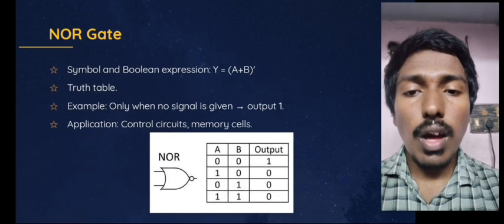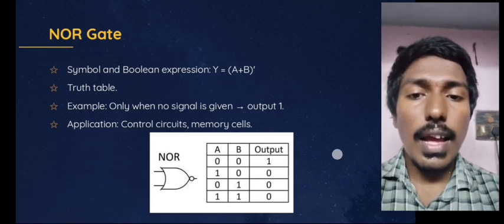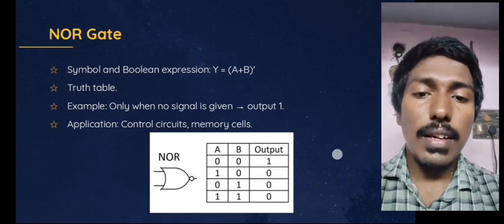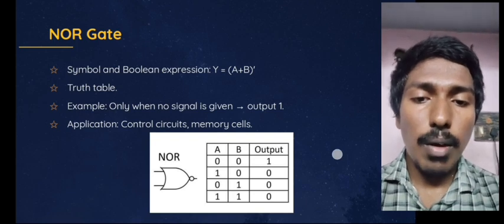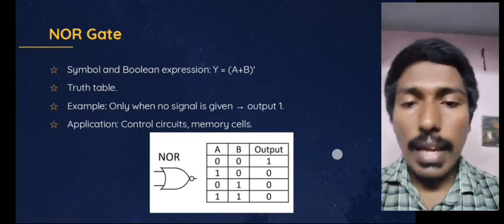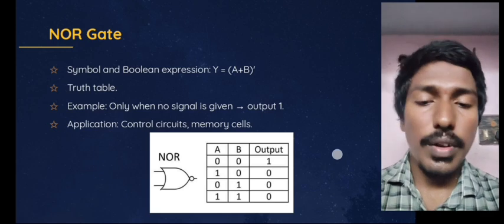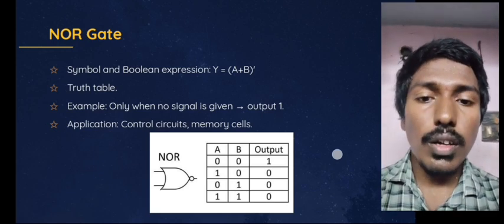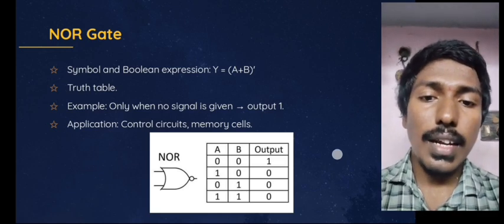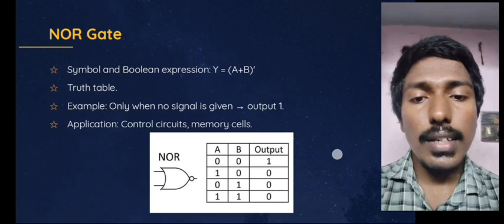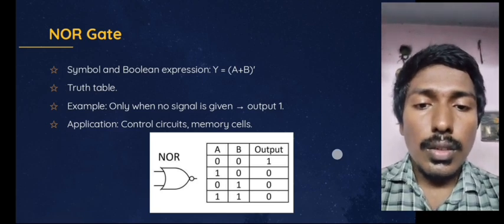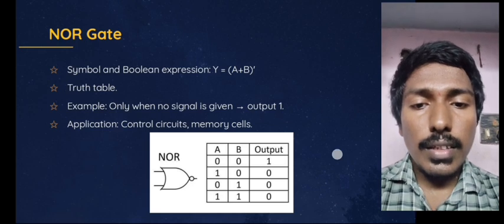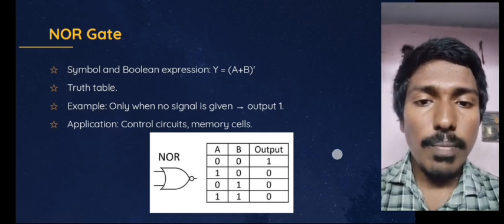So let's go to the NOR gate. The NOR gate has a symbol the same as the OR gate, and we see a bubble at the output end. So you observe that the NOR gate can be built with an OR gate and a NOT gate. Now we can see the truth table.